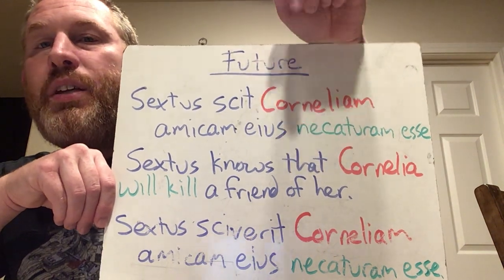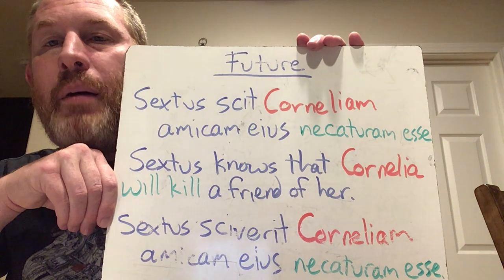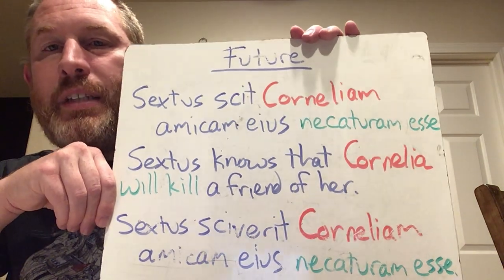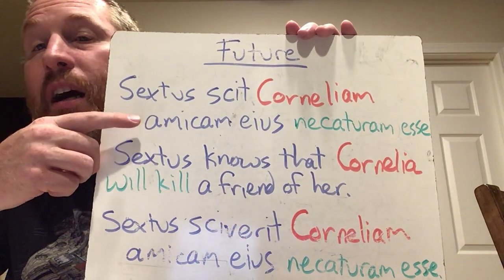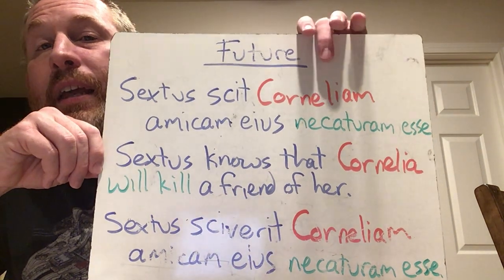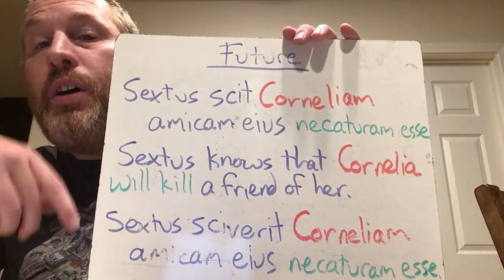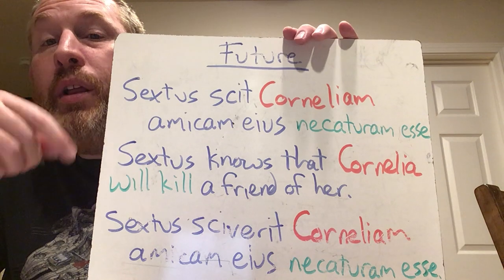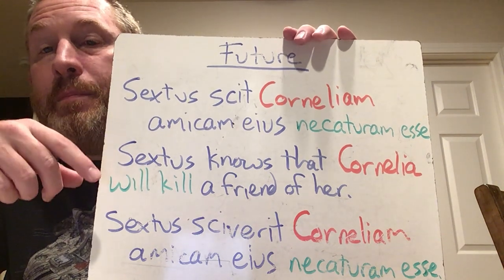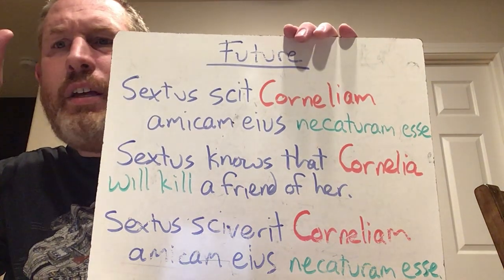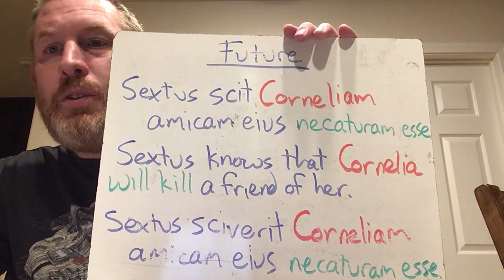So: Sextus scit Corneliam amicam eius necaturam esse. The necaturam is not matching amicam, it's matching Corneliam. Sextus knows that Cornelia will kill a friend of her. Now, next year I'll let you use good English, but right now that's how you have to translate that.